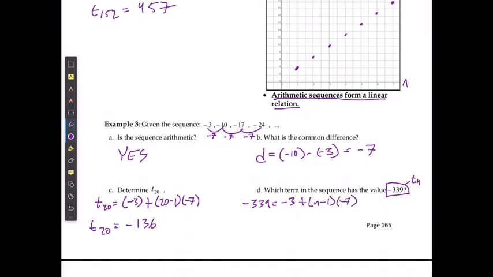I'm going to start by subtracting negative 3, or adding 3, to both sides. Negative 336 is equal to n minus 1 times negative 7. I'm going to divide both sides by negative 7 and get 48 is equal to n minus 1. And then I'm going to add 1 to both sides. 49 is equal to n. This is the value of the 49th number in this sequence.